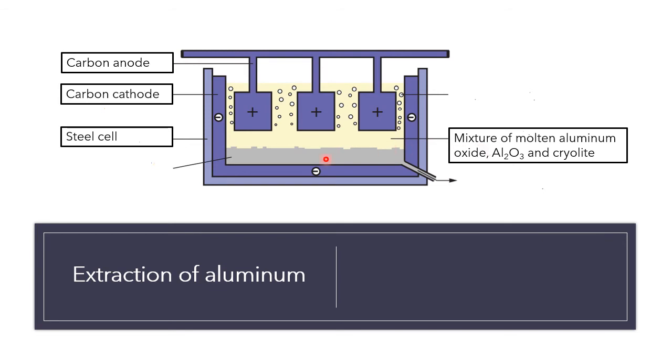Boleh? Alright, so throughout the electrolysis nanti, okay, we will see bubbles of oxygen gas produced at the anode, because in the molten aluminium oxide, the ions present are Al3+ and O2-. Therefore, O2- ataupun oxide ion will be attracted at the anode here and discharged by releasing electrons and produce oxygen gas.